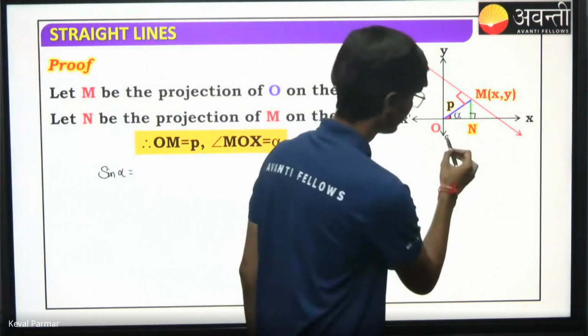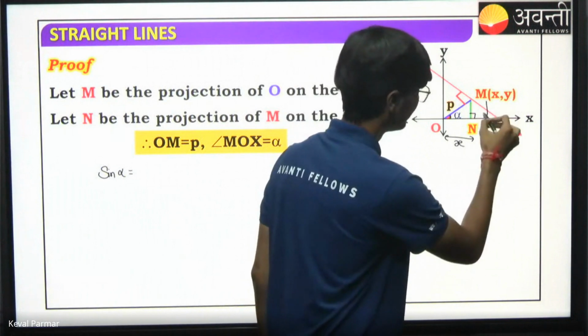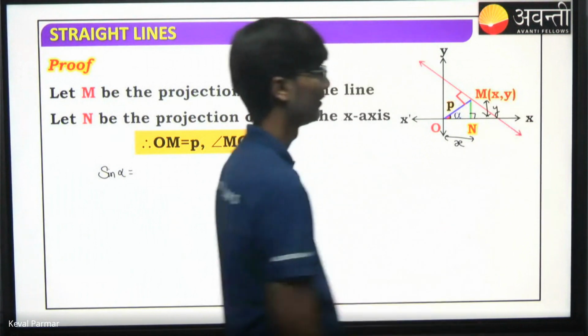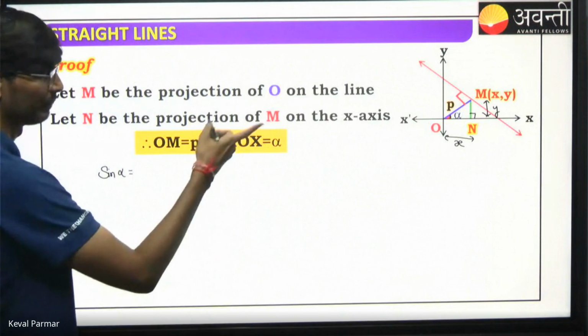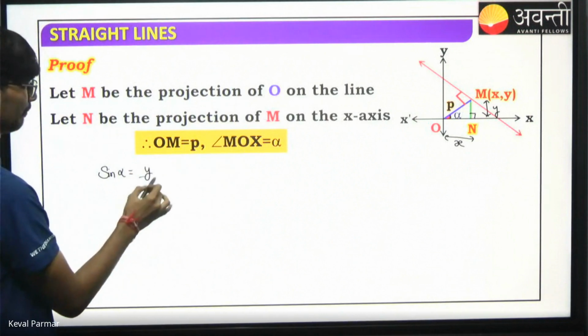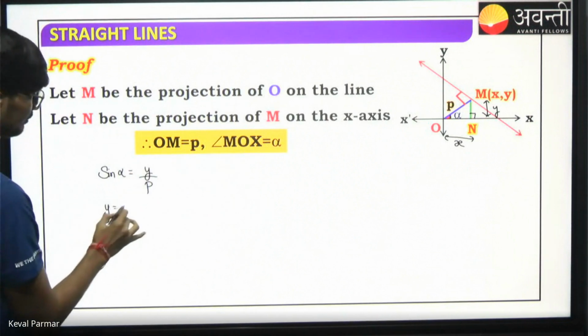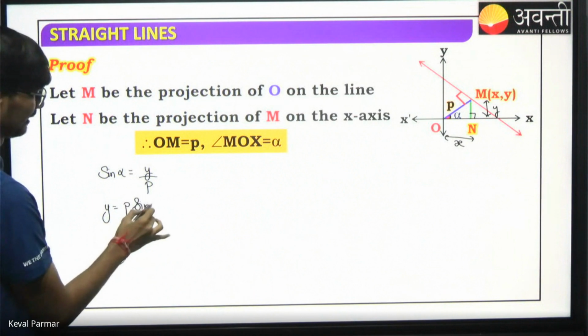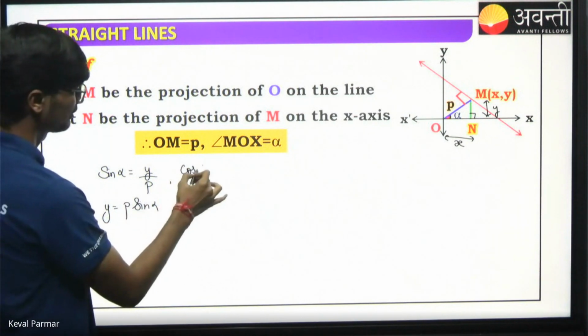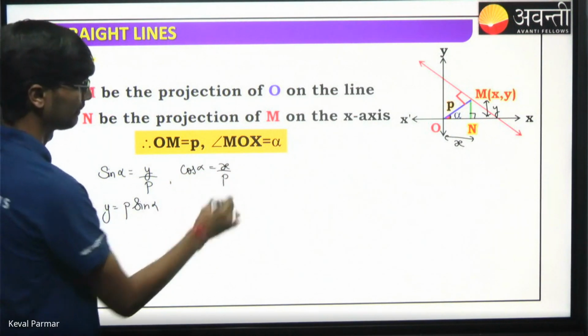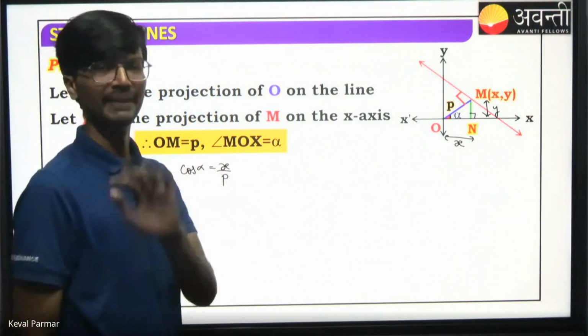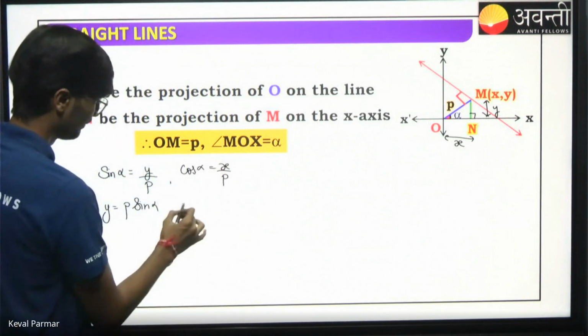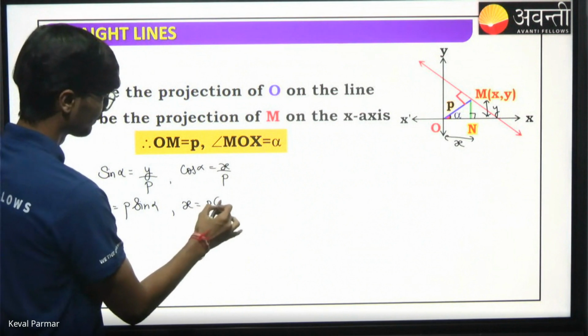This distance is x and this distance is y because the coordinates are x comma y. So sine alpha is y upon p, and I get y equals p sine alpha. Similarly, cos alpha is x upon p, adjacent or base upon hypotenuse. So I get x equals p cos alpha.